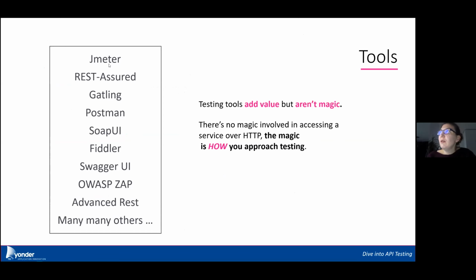For example, JMeter and Gatling, or Postman and SoapUI, don't need that much knowledge of automation or programming languages. Rest Assured requires more of that. So it depends on how you would like to use it. It's possible to run Rest Assured, yes. It's also possible to integrate it in Jenkins or any CI that you would like to have.